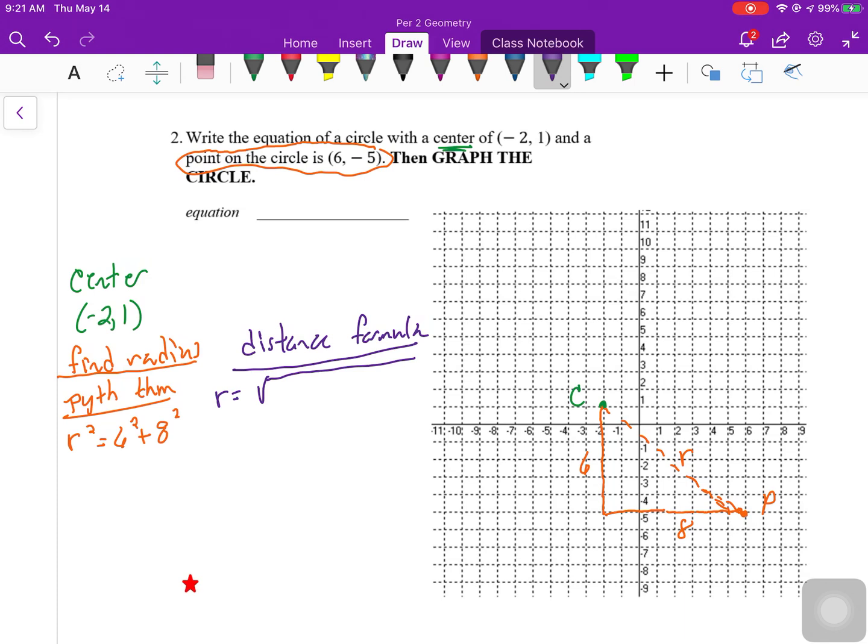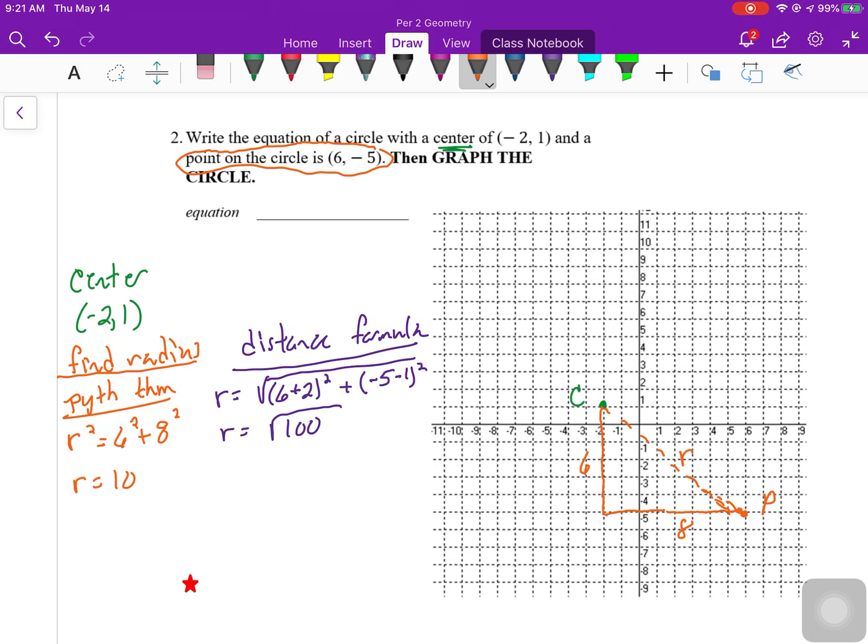And in the distance formula, the radius would be equal to the square root of, if I take the second x, which is the x of P, so that's 6, minus the first x, minus a minus 2 gives me a plus 2, and then the second y, which is -5, minus the first y, which was 1, squared. Now here we end up with the square root of 8² + 6², which comes out to be 100.